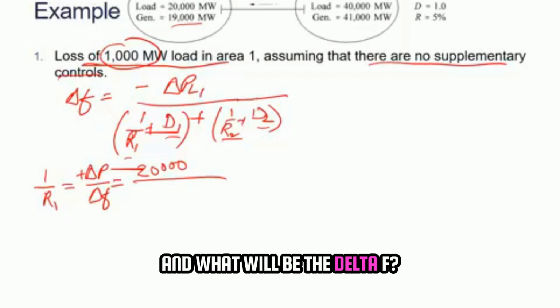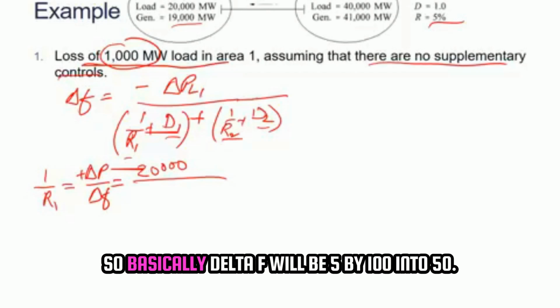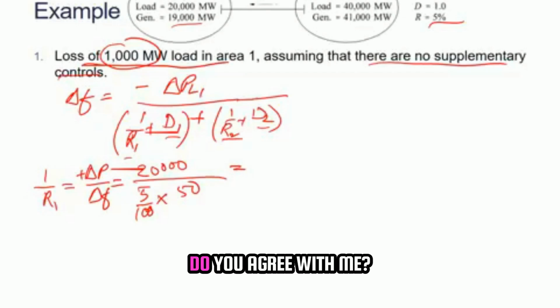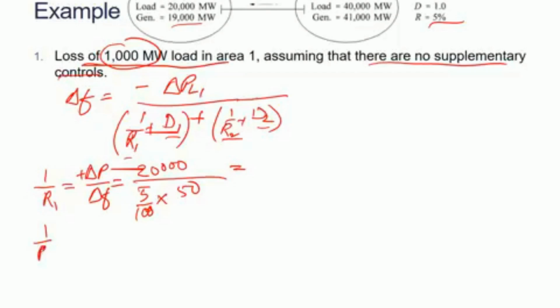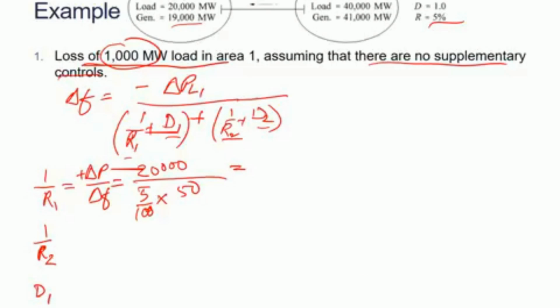Because the generator is ensuring that it will generate that 20,000 megawatt. And what will be the delta F? Because we saw that R is 5% here, delta F will be 5 by 100 into 50. Do you agree with me? Can you calculate this value and tell me? You have to calculate all the values.